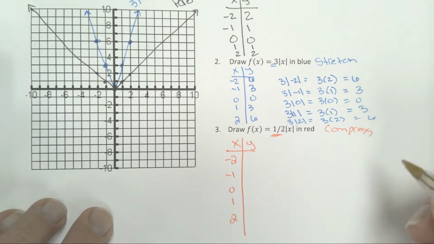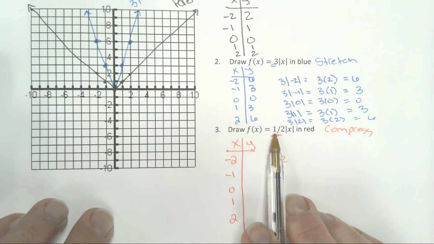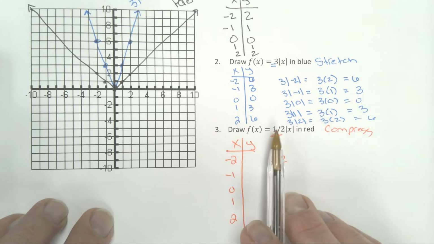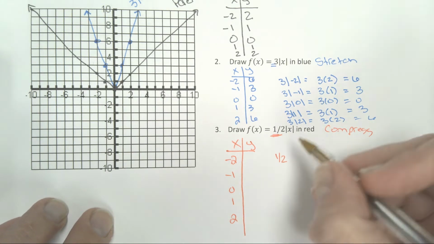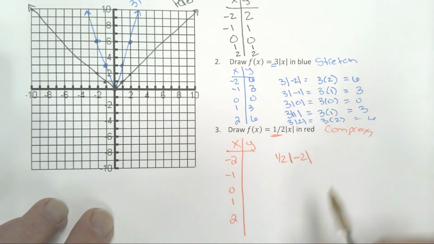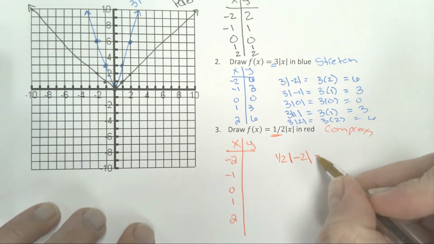Okay. All right. So if you have a number out in front of an absolute value symbol, this is multiplying. That says you take 1/2 times the absolute value of x. Okay, so x is -2 now. So I have 1/2 times the absolute value of -2.